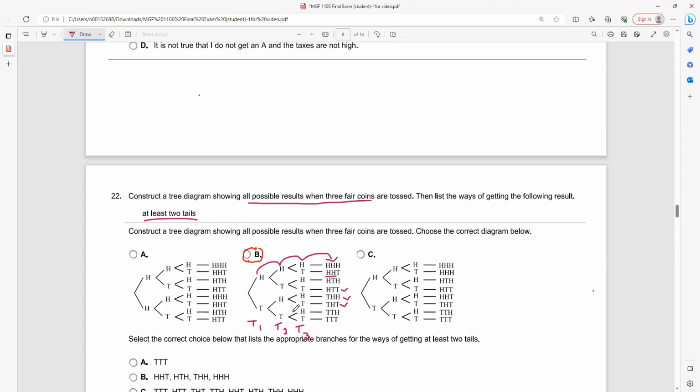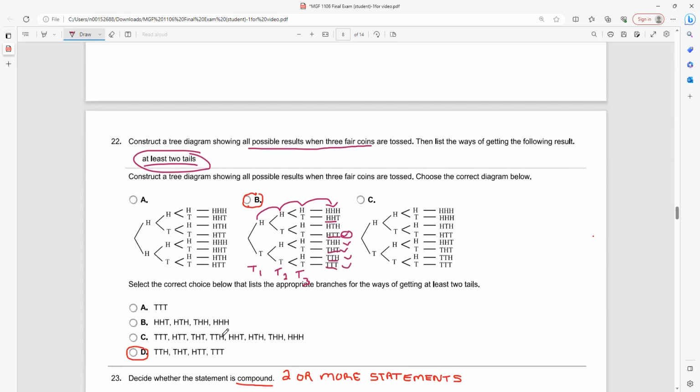We could get tails, tails, heads, or tails, tails, tails. So from this list of outcomes, we want to know how many have at least 2 tails. So there are 4 of them that have at least 2 tails. So letter B should be the correct tree diagram, and then letter D, which shows those 4 different outcomes that have at least 2 tails.